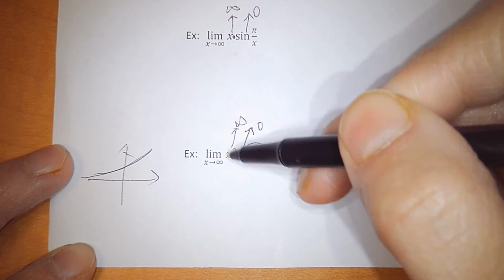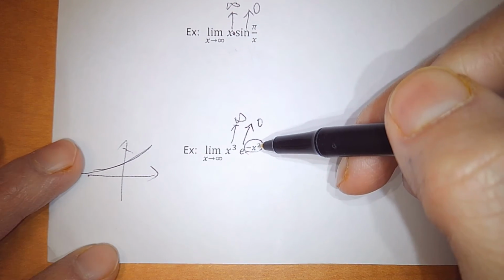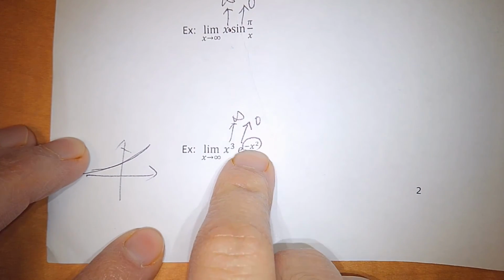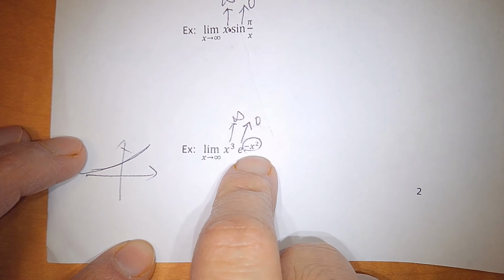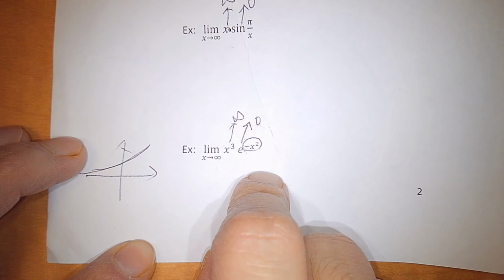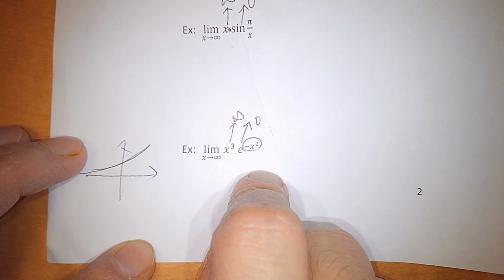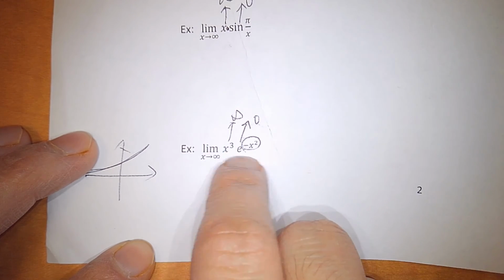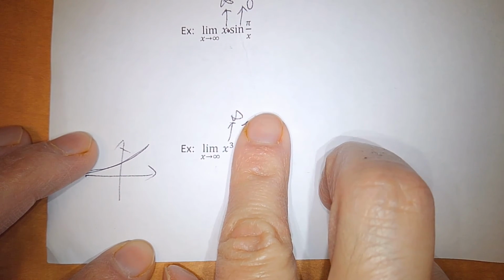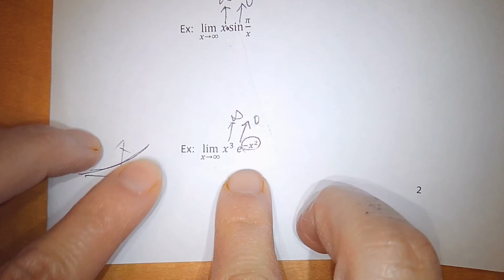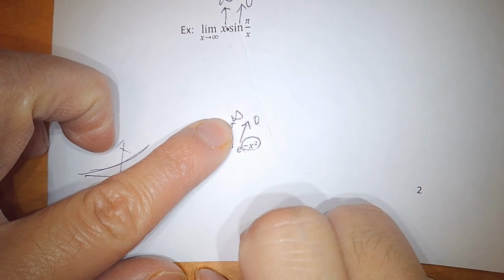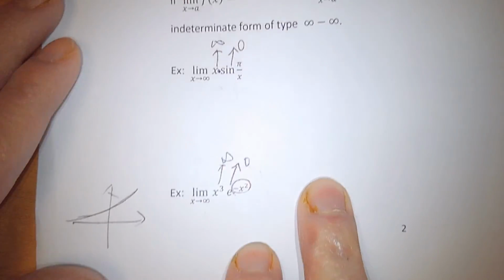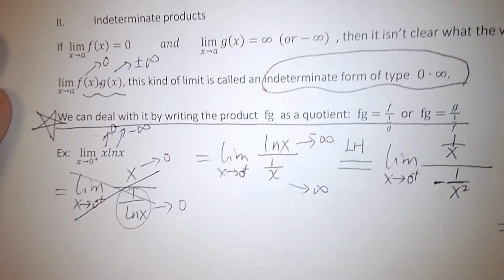You know which one to put on the top and the bottom, but because this is a negative exponent, if we put the reciprocal of this on the bottom, it gives us a positive e to the x squared. So it really depends. The hint is, keep the x cubed on the top, and flip this on the bottom, okay?